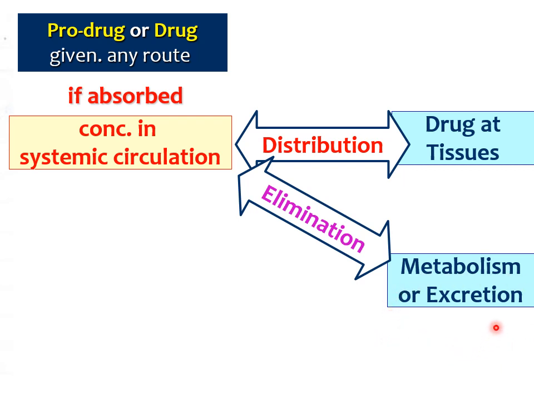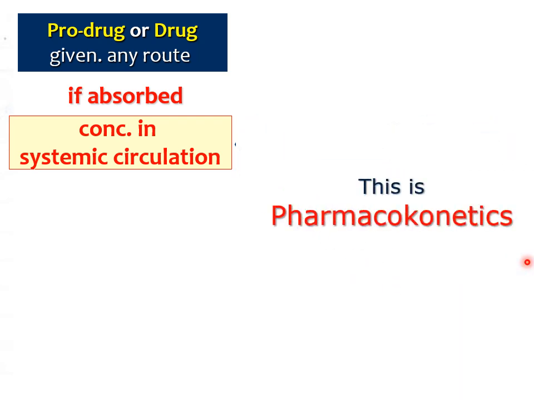Excretion is simply removal of the drug from the body. When it is removed out of the body, obviously it is no longer available in active form. In this way, elimination occurs through both metabolism and excretion. This is collectively known as pharmacokinetics: absorption, distribution, metabolism, and excretion.